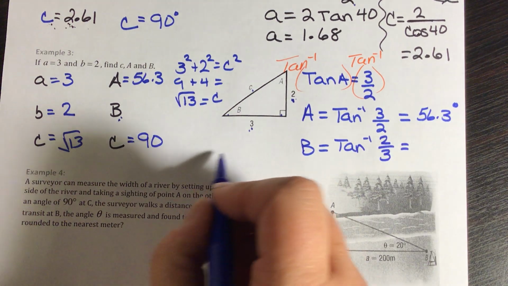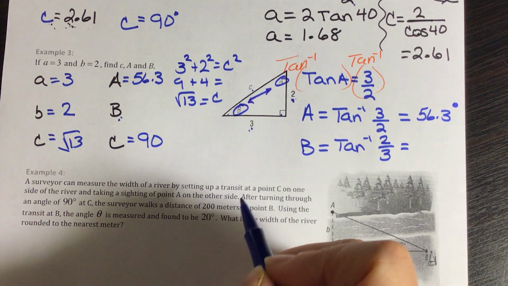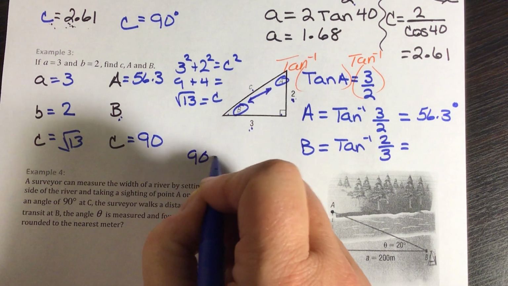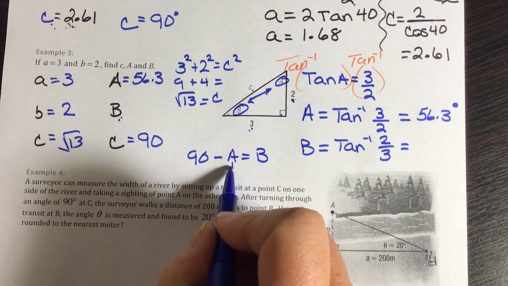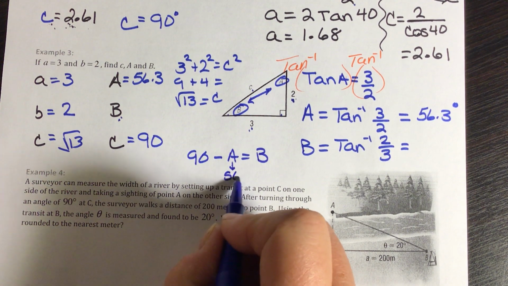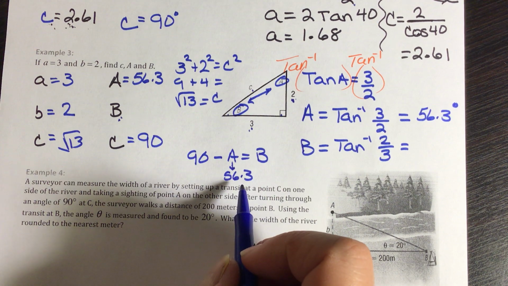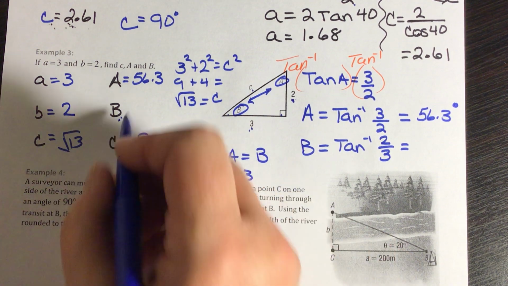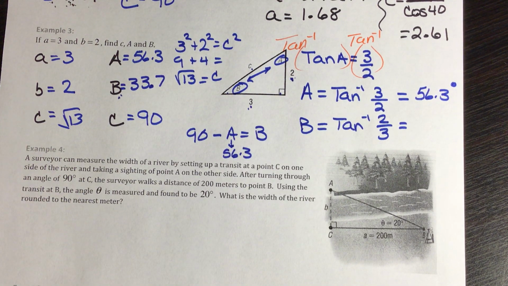Or I could have, knowing that these two angles add up to 90, I could say that 90 minus angle A is angle B, and angle A I know is 56.3. So if I subtract 90 minus 56.3, I have 33.7. And I think we're going to stop right there for now.